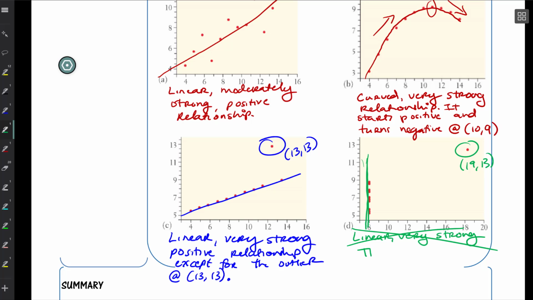So instead of actually doing this, here's what we're going to want to say. There's an outlier at 19, 13. But what about everybody else? What's everybody else doing?